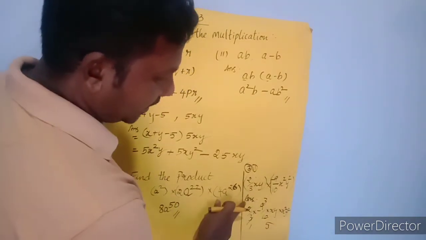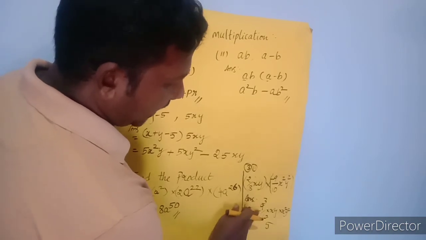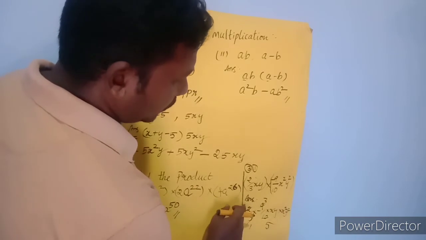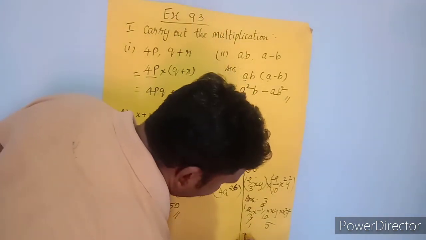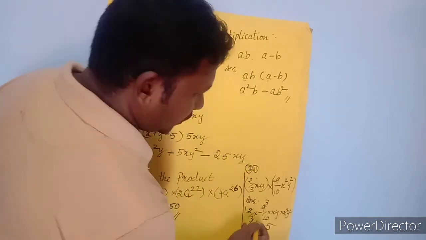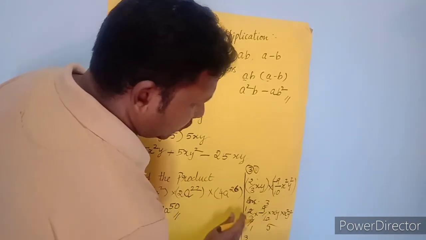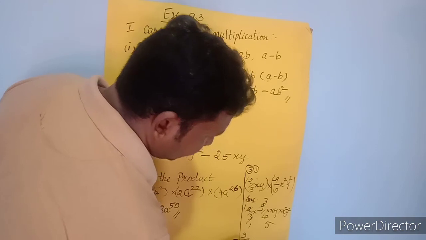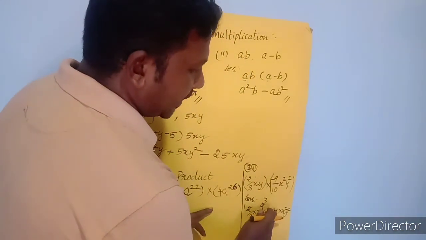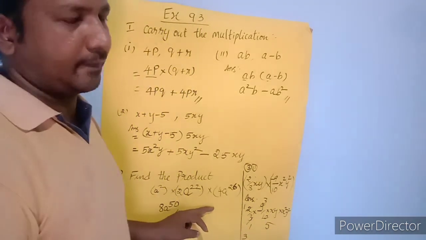So what is remaining here? 1 by 1. Here minus 3 by 5. So you can multiply now. 1 into 3, 3. 1 into 5, 5. Here one minus symbol is there, so plus into minus, minus. So minus 3 by 5 and xy into x squared y squared.